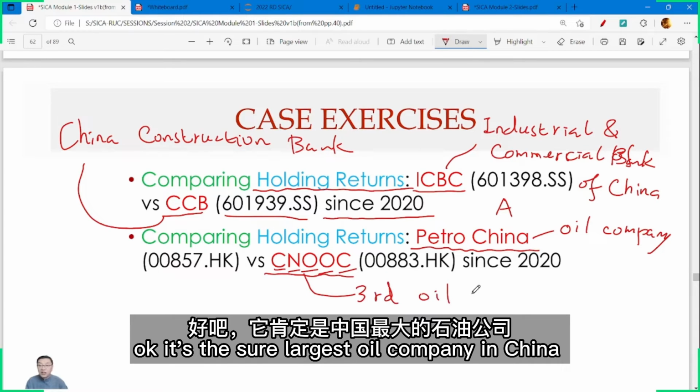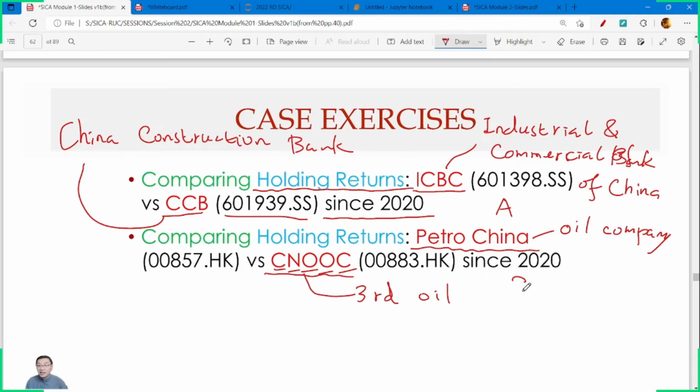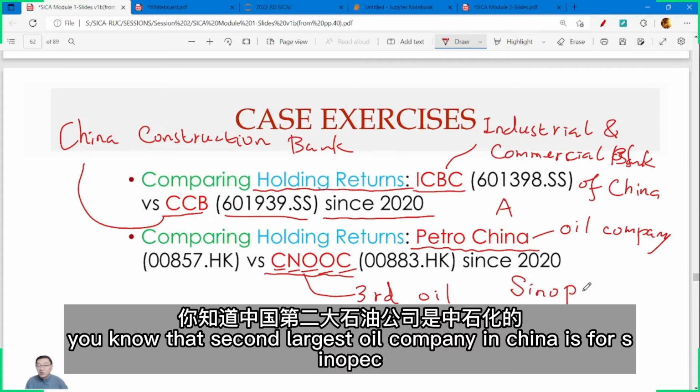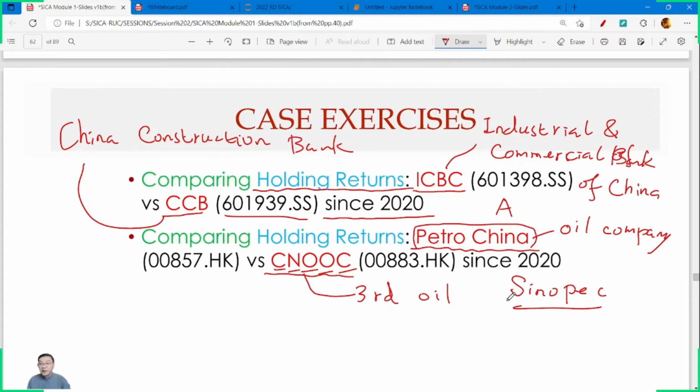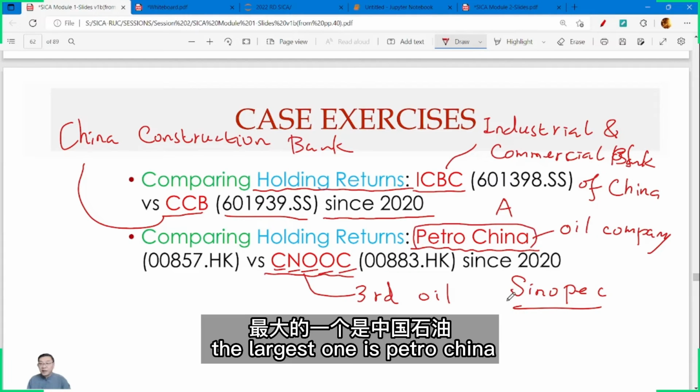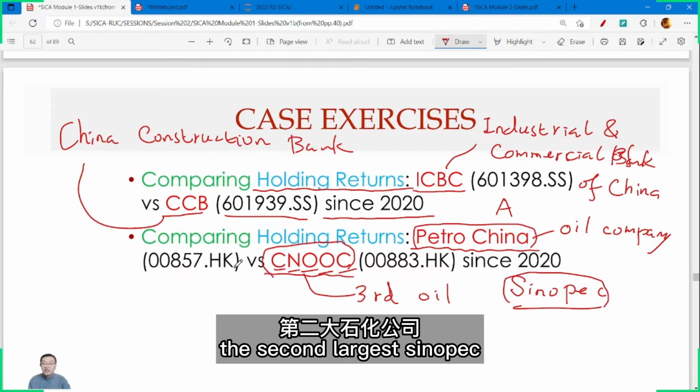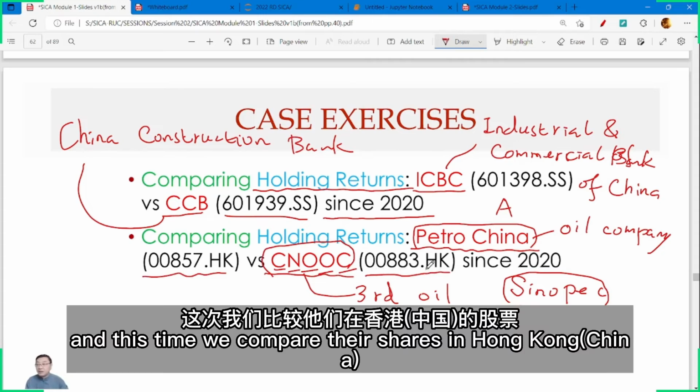You know the second largest oil company in China is called Sinopec. The largest one, PetroChina; the second largest, Sinopec; the third largest, CNOOC. And this time we compare their shares in Hong Kong. Now let's do it together.